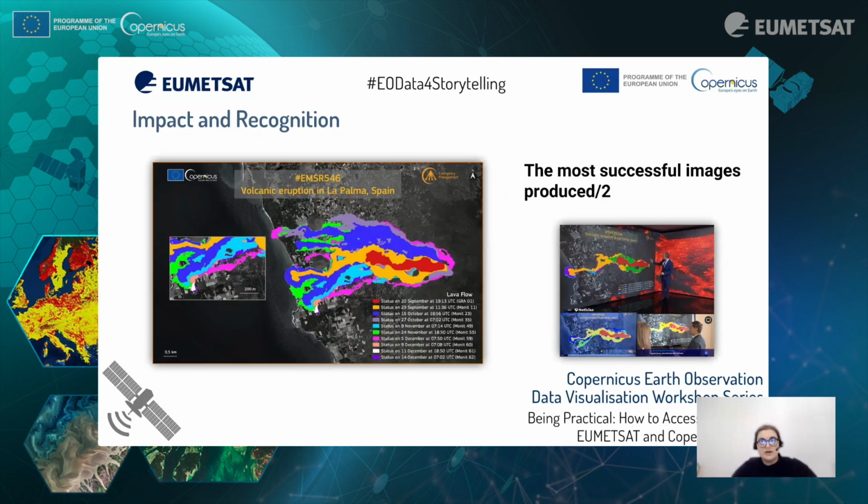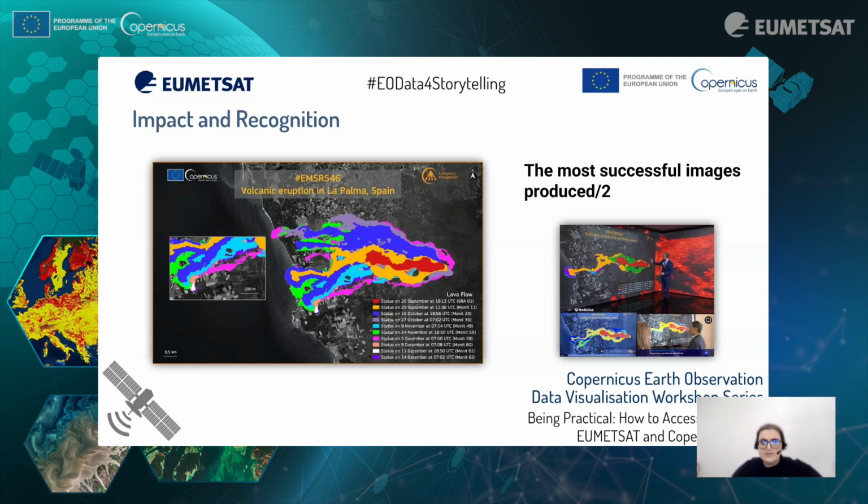Another image that I want to show you is the image of La Palma. This is a data visualization that I created in 2021 that wanted to display the evolution of the lava flow of the eruption. And why did I create this image? Because the Copernicus Emergency Management, with a huge effort of the entire service, produced a new data set with the map of the lava flow every day.